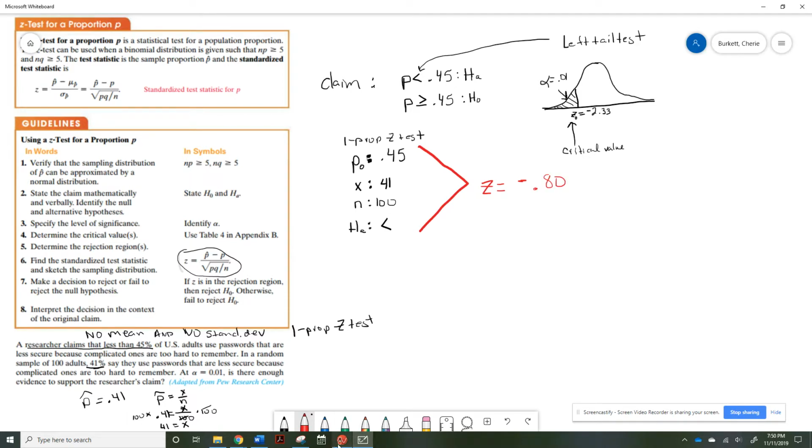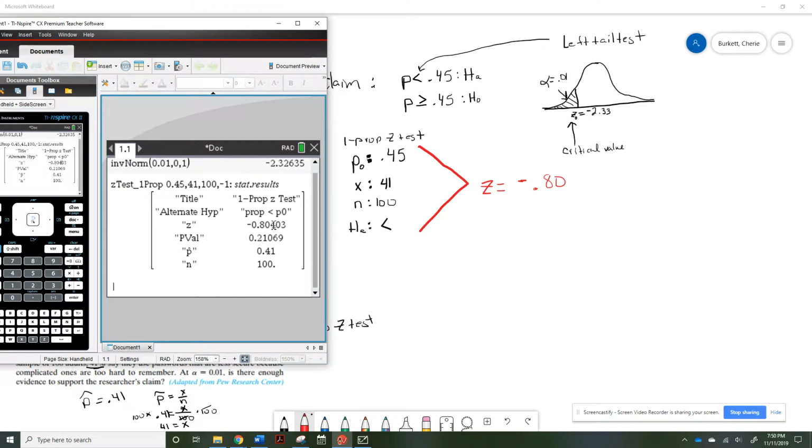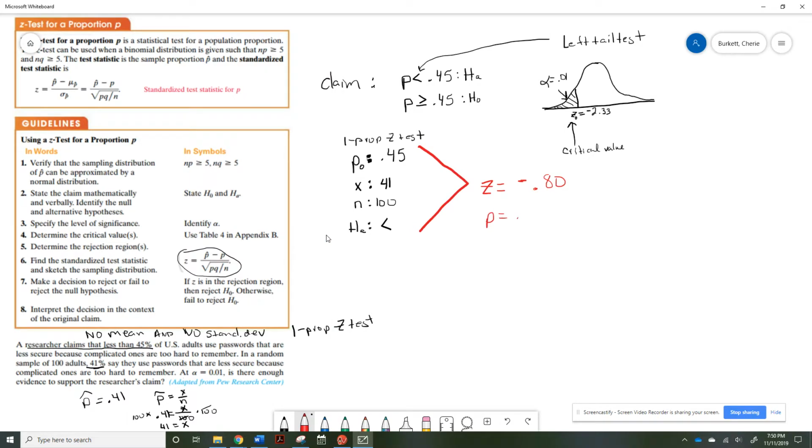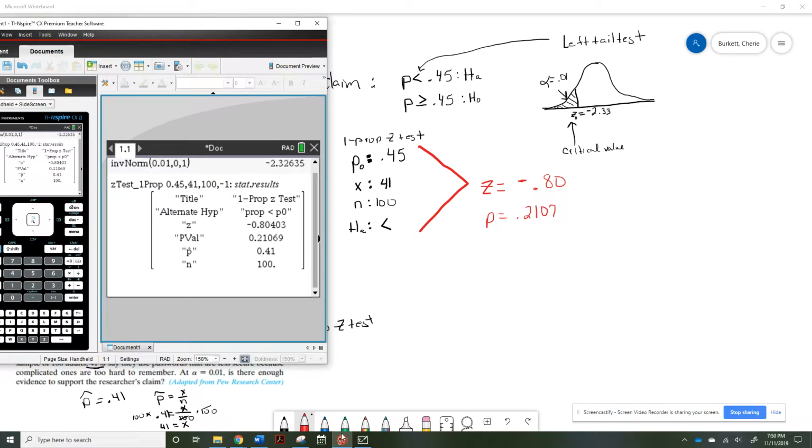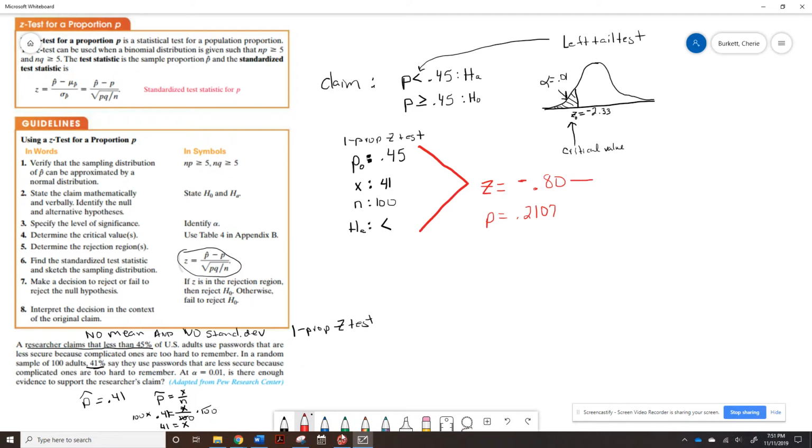I don't think that rounded, did it? It does not round up. And our p-value is 0.2107. Was that right? 0.2107. Okay. So this thing right here is called our test statistic.